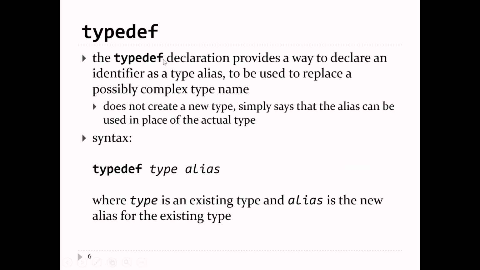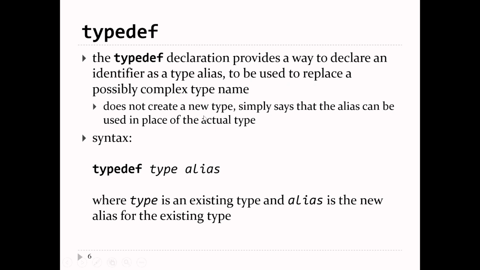There's a statement called typedef that lets you declare a name, an identifier, as a type alias to be used to replace a possibly complex type name. In other words, if you've got some complicated type name, and type names can get very complicated in C because of pointers, you can replace that with an easier to read name using a typedef statement.